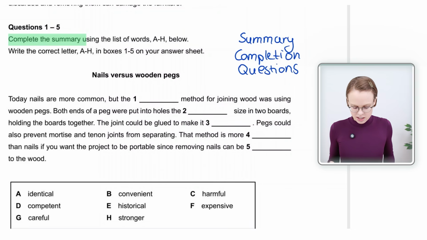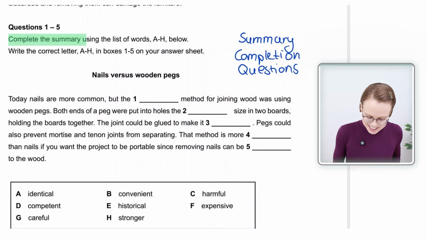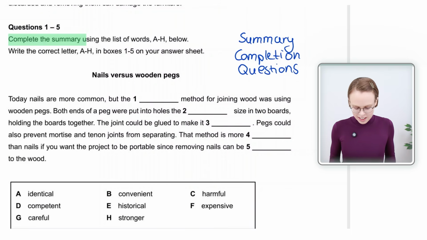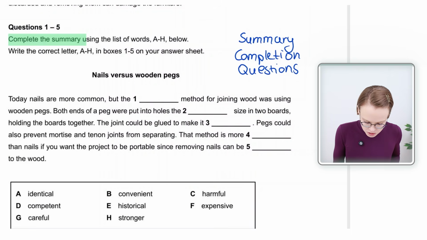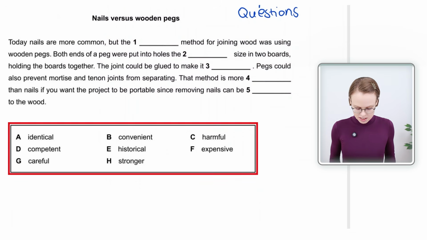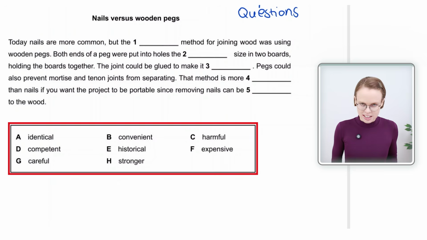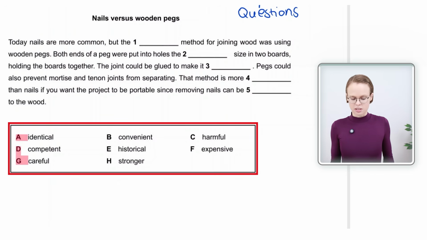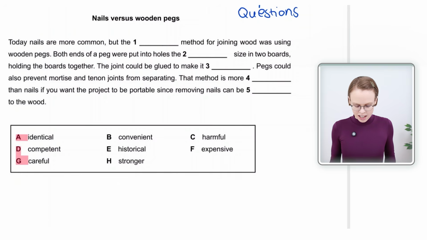Now, let's continue reading. Write the correct letter A to H in boxes 1 to 5 on your answer sheet. Guys, this is crucial. Here it says, write the correct letter A to H on your answer sheet. If you have a closer look at the box down there, you can see that there are several letters and the relevant words that go with these letters.